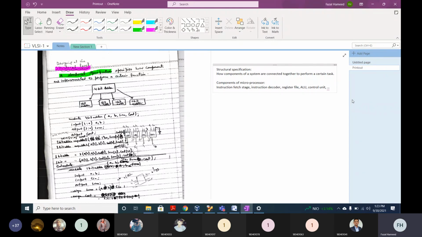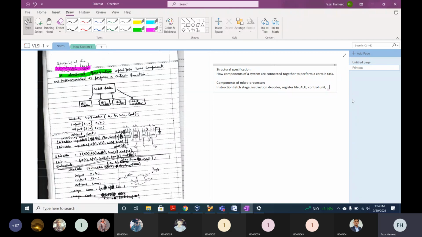Okay, so in the previous lecture we studied the behavioral description of an adder. Now we have the same 4-bit adder, and we want to realize that 4-bit adder using a structure specification, that is, how we can realize a 4-bit adder using 1-bit adders.